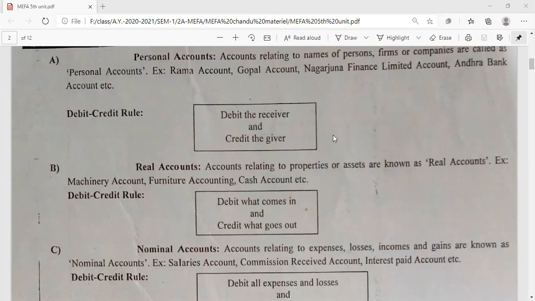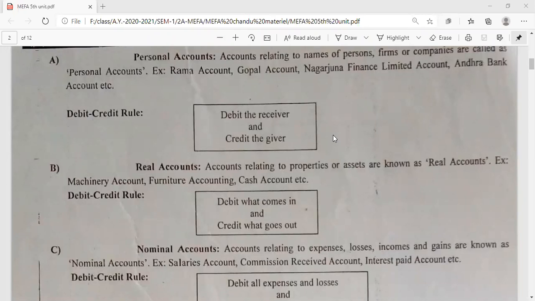So you are getting those goods by debiting some amount from you and crediting to the giver, the person who is going to give, we are paying to him, right?